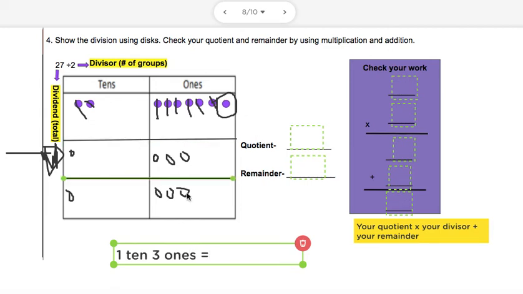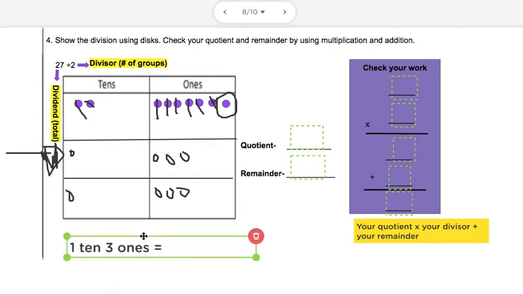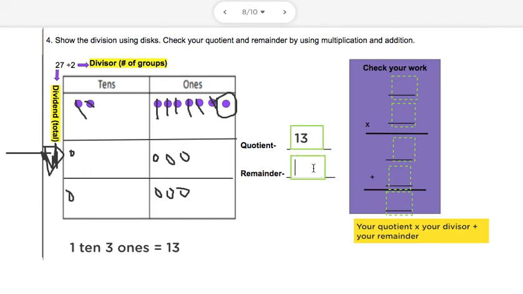How much is that? 1 10 and 3 ones. What number is that? Yes, 13. So our quotient is 13. And how many did we have left over? Good, 1.